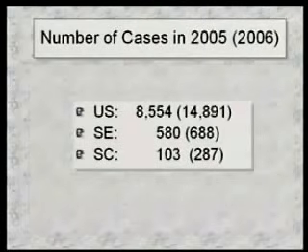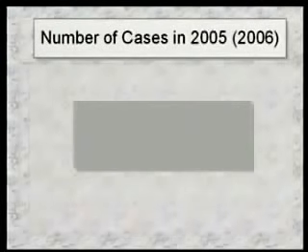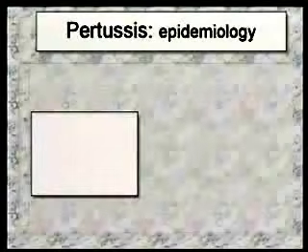The incidence there is about 600 or so cases per year. And South Carolina itself gets a reasonable number of cases per year, under 200. Okay? So in your clinical years, if you're lucky, you might see a pertussis case in pediatrics. Dr. Stallworth will certainly ask you about the disease or the organism.